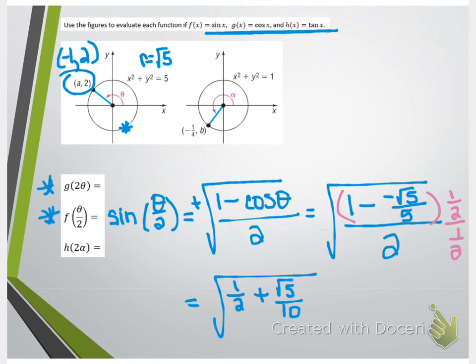So I don't have to write the over 1. And then what we did on the other problem is we added those two baby fractions together, multiplying top and bottom by 5 to get a common denominator. And that's the square root of 5 plus root 5 over 10.